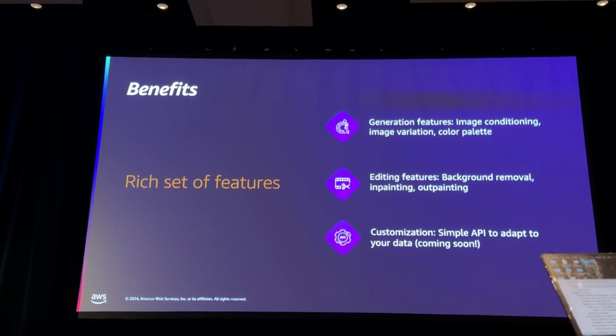We also support background removal, which is a very important feature that we heard from our customers. That was recently added to the Titan Image Generator model, and Nova Canvas has this as well. And as I said before, customization is a key feature which is upcoming, and there's a lot of customer interest in that.